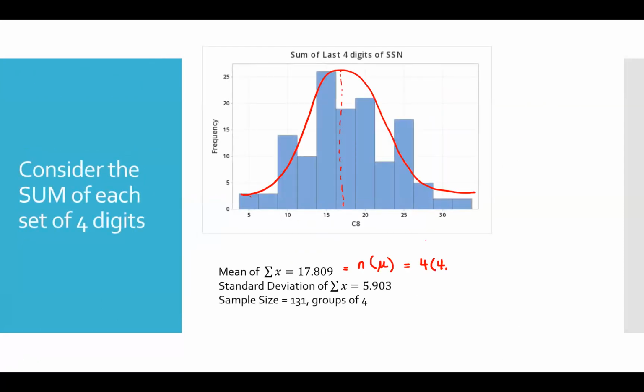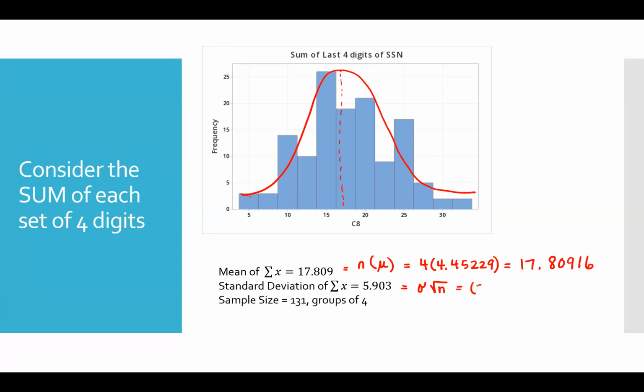So if I multiply those, and again, I might be slightly off, but it's an estimation, I do actually get 17.80916.